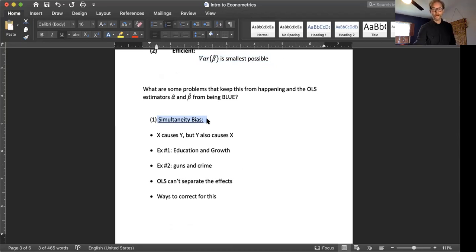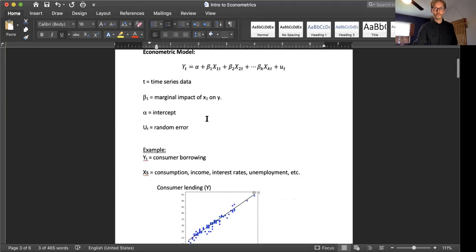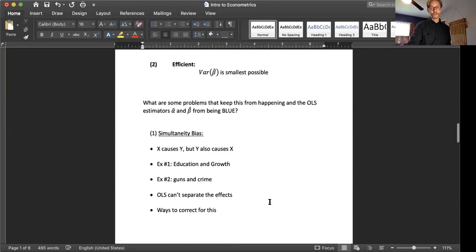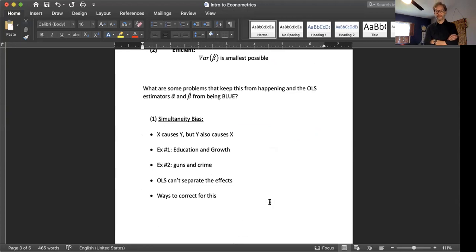All the way back, we talked about this model where Y is consumer borrowing and X is income. Does income impact consumer lending? Yes. But could it also be true that consumer lending impacts income? Yes. And so almost inevitably, there's going to be simultaneity bias in this model, and that could give us biased results.